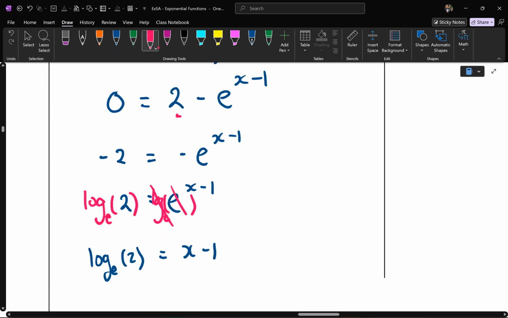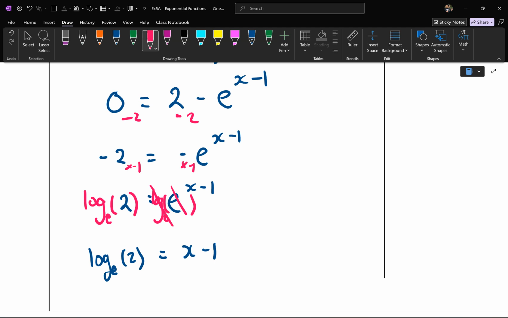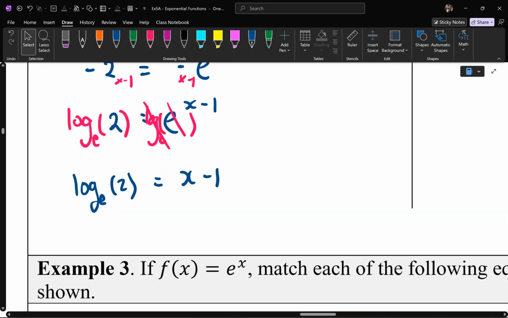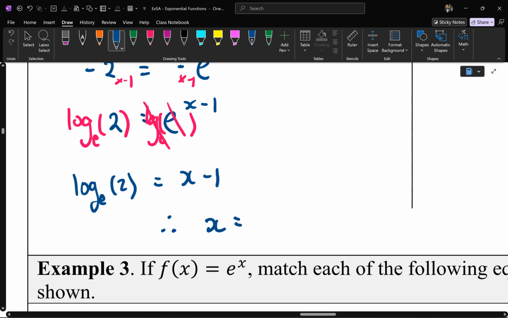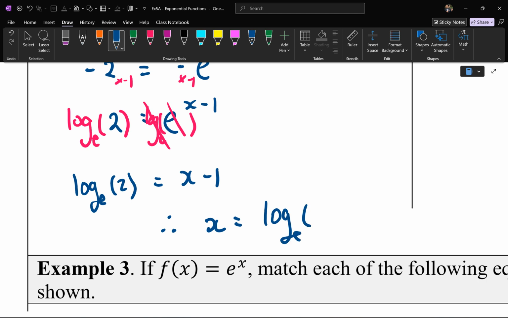Okay? So whatever you do to one side, you do to the other is what I'm doing there. So I did here, that was minus 2. Then over here, I said times negative 1 times negative 1. And all I did here was log base e of e to the power of x minus 1 and log base e of 2. Okay? All right, and then what's your final answer? X is equal to log base e of 2 plus 1 because I add 1 on both sides.